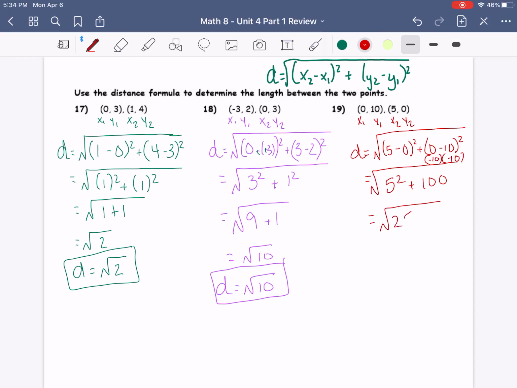So 25 plus 100 is 125. So the square root of 125 is the distance between the 2 points.